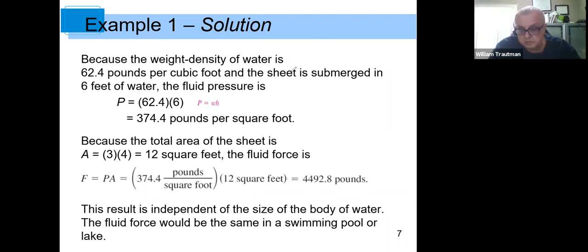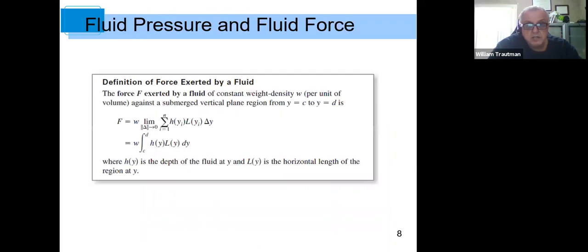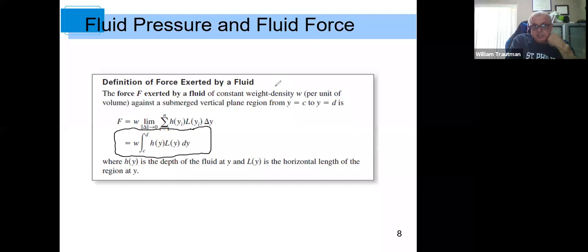And that's pretty cool. All right, so here's the next formula we have to write down. Something like this will be on the test. The fluid force exerted by a fluid of constant weight density against a submerged vertical plane region from y equals c to y equals d.